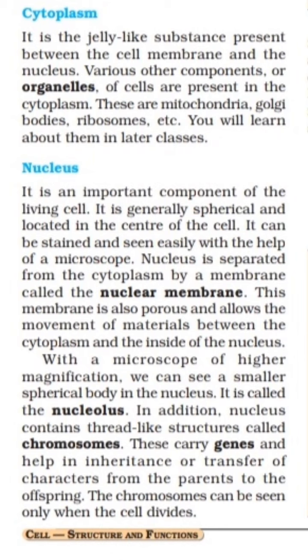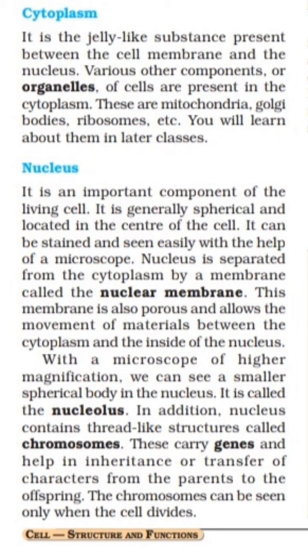In addition, the nucleus contains thread-like structures called chromosomes, and that is the most important point about the nucleus. These carry genes and help in the inheritance or transfer of characters from the parents to the offspring.